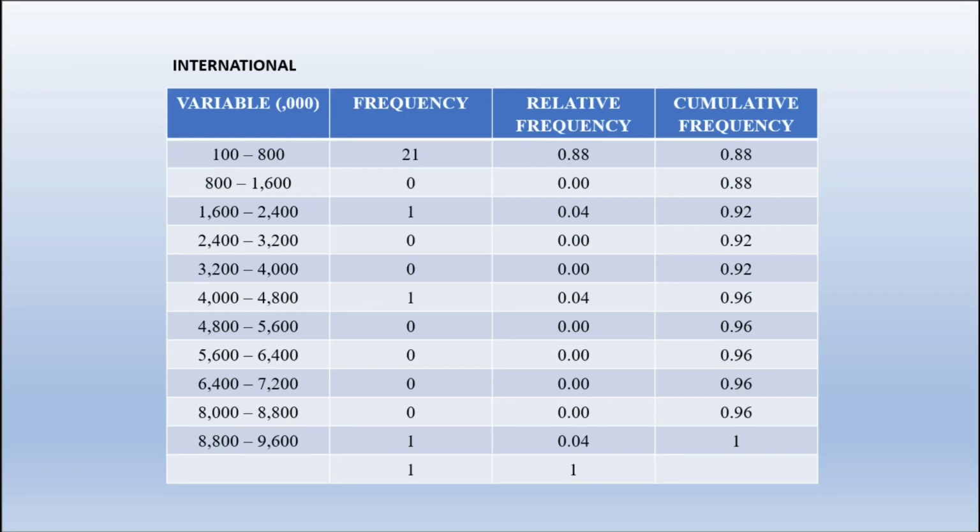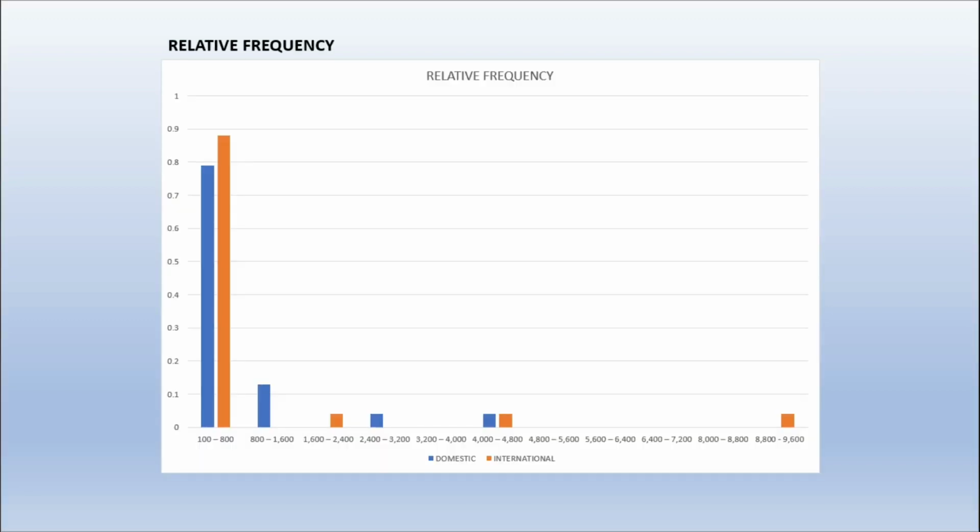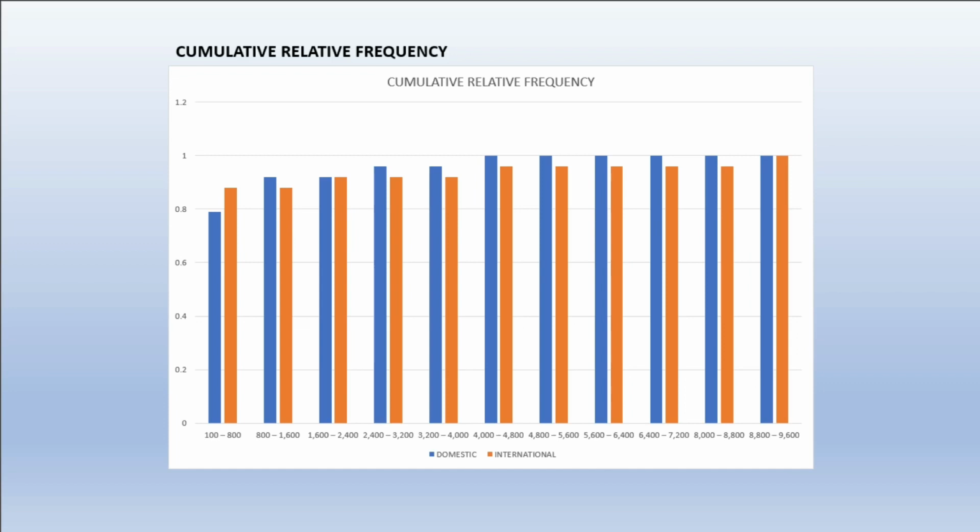The steps are repeated to find the relative and cumulative international frequencies. The following is a comparison of domestic and international relative frequency and relative cumulative frequency data presented in the form of a simple bar graph.